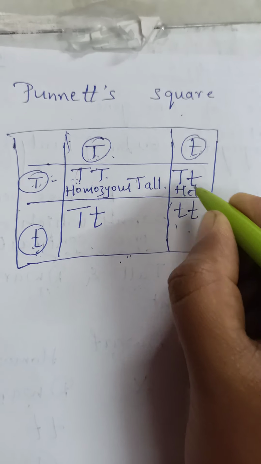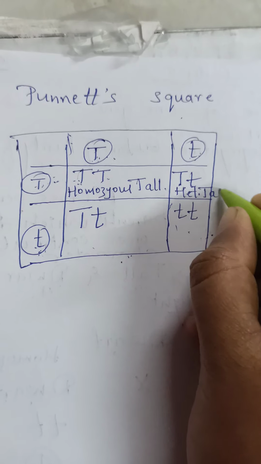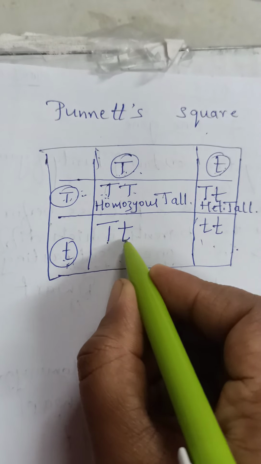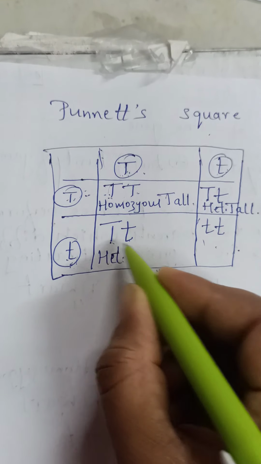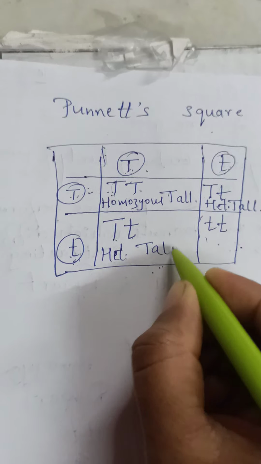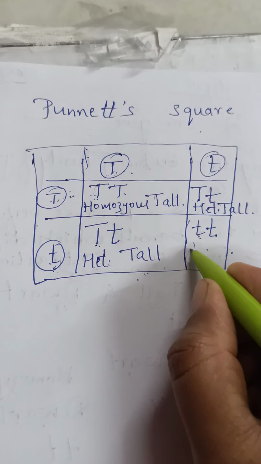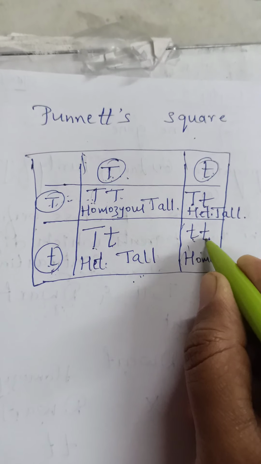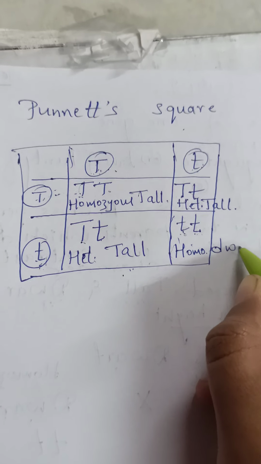If one capital T is present, that is tallness only, heterozygous tall. Here also one capital T and one small t, heterozygous, and due to the presence of one capital T, it is also tall. Here two small t's are there, so that is a homozygous condition, and due to the two small t's, that is dwarfness.